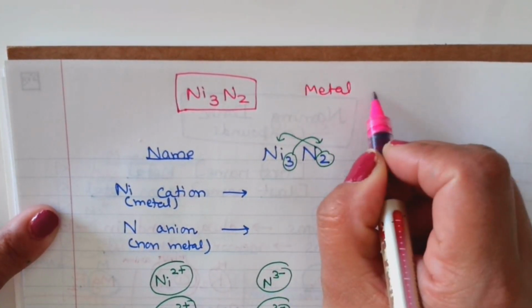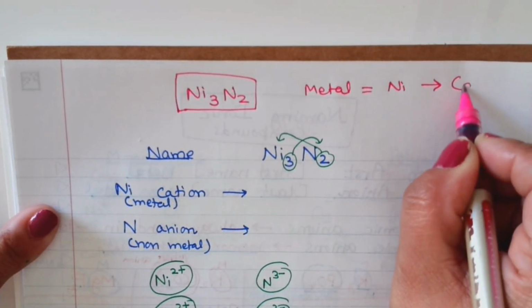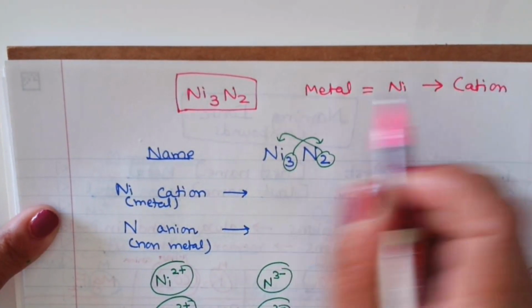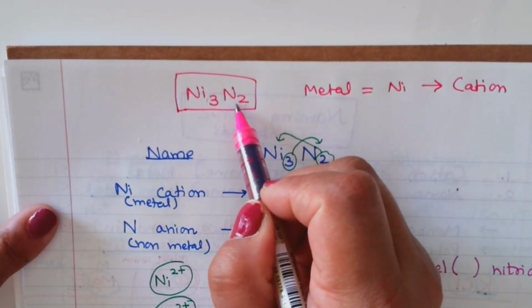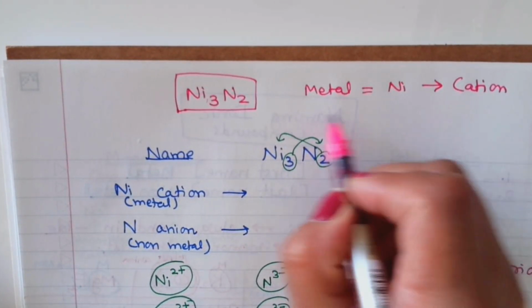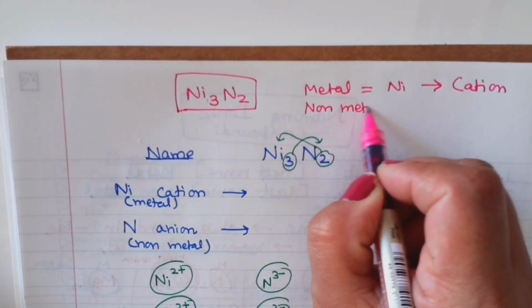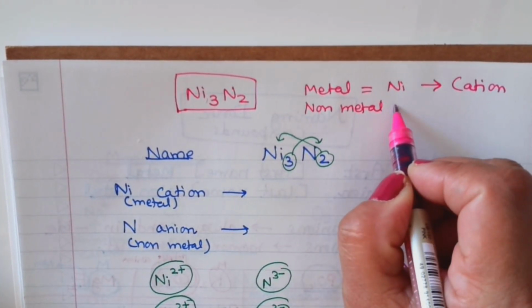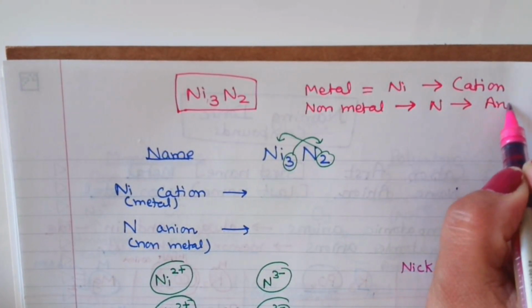The metal is nickel, and it will form a cation, right? When you isolate the metal, everything that is left is the anion, right? So the non-metal part is nitrogen, and that will make an ion.